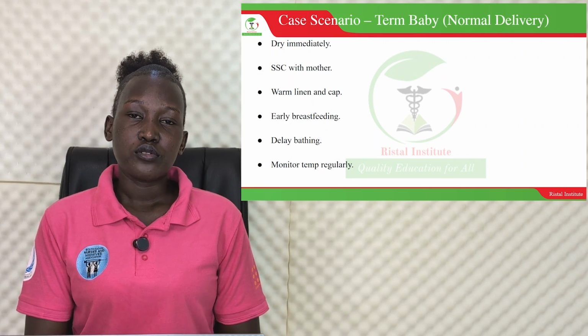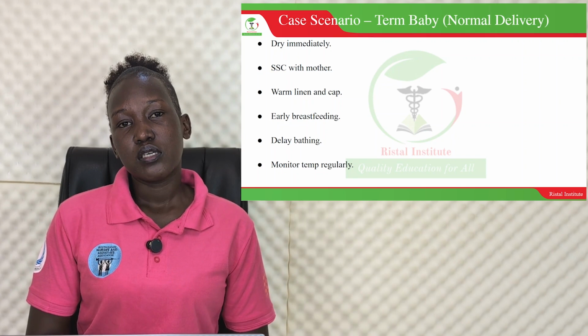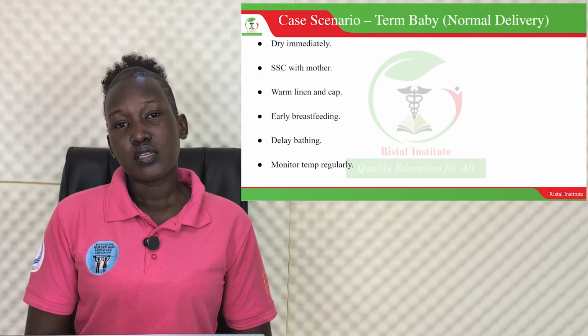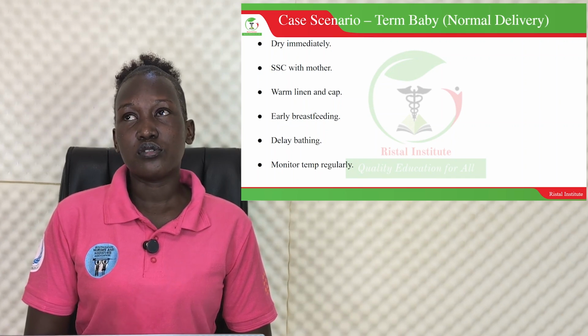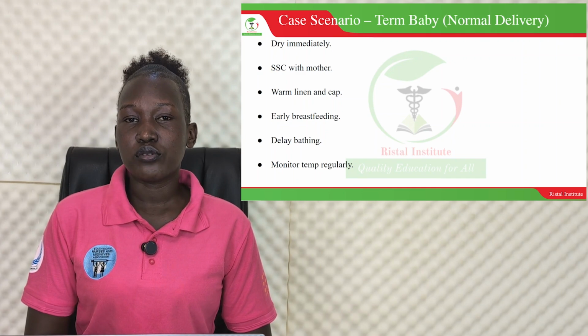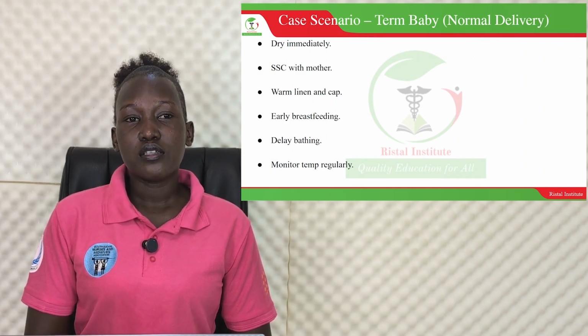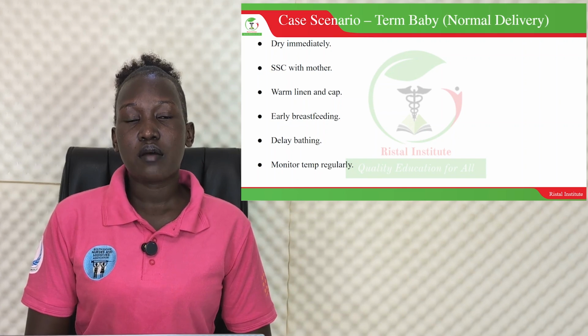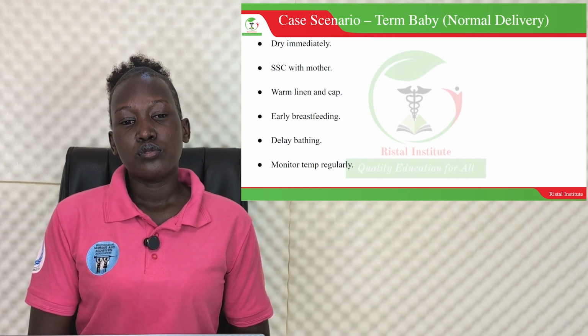That means the baby should stay in the labor suite, if it is not crowded, for at least 2 hours, plus the mother. For the mother, you're monitoring if there is maybe PPH and all those things. Then for the baby, you're monitoring if there are any changes which might become abnormal before you finally take them to postnatal.